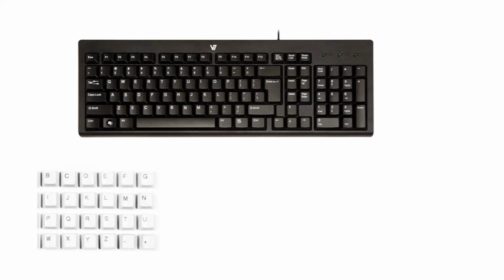The alphabet keys are the keys with A, B, C till Z. These keys help us to write down words and sentences on the computer. In English, there are 26 alphabets from A to Z. That is why there are a total of 26 alphabet keys on the keyboard.